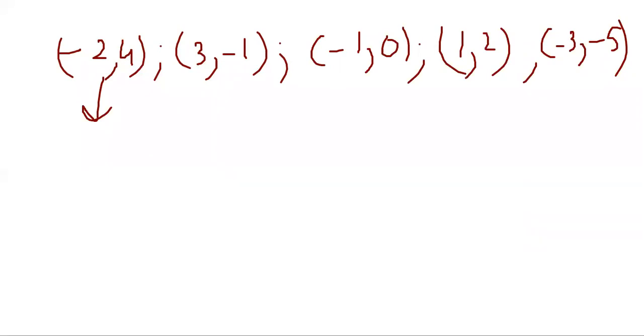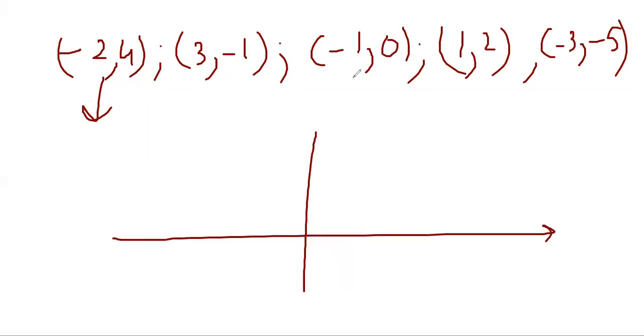Yes, second quadrant. Good. How second quadrant? Because x is negative, y is positive. Let's make an x-axis, y-axis. Here, both positive.